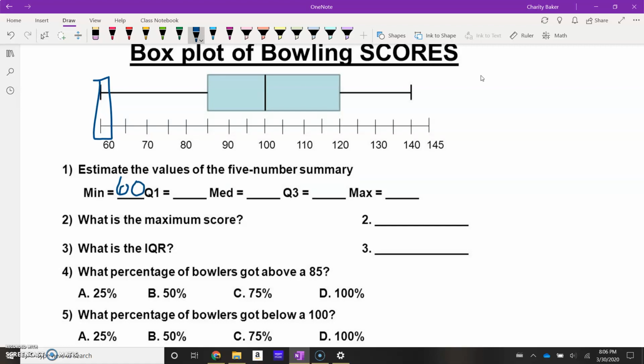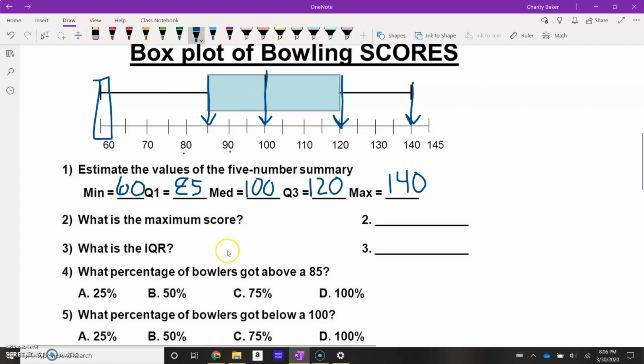Q1 is the left side of this box. So between 80 and 90 is 85. Your median, middle of the box, is 100. Your Q3 is going to be over here, 120, and then your maximum is going to be at 140. So we got our 5-number summary.